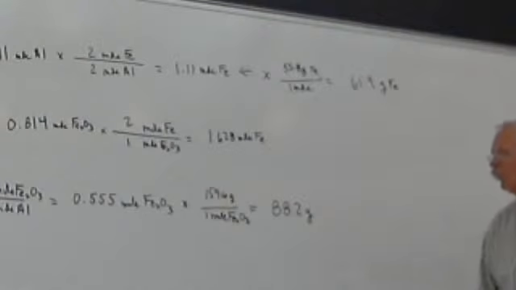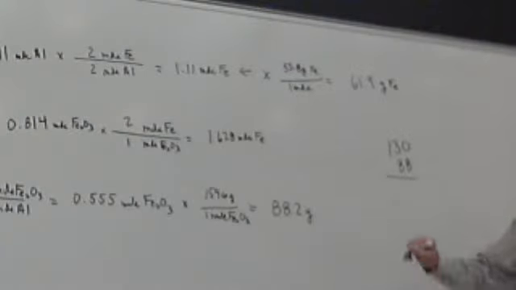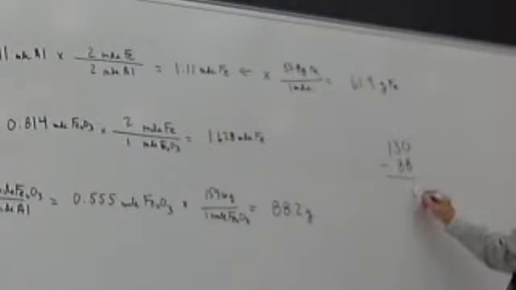Close enough, 88 is good enough. So if I started out with 130 and I consumed 88, I can calculate what I have left. 42 grams left over.